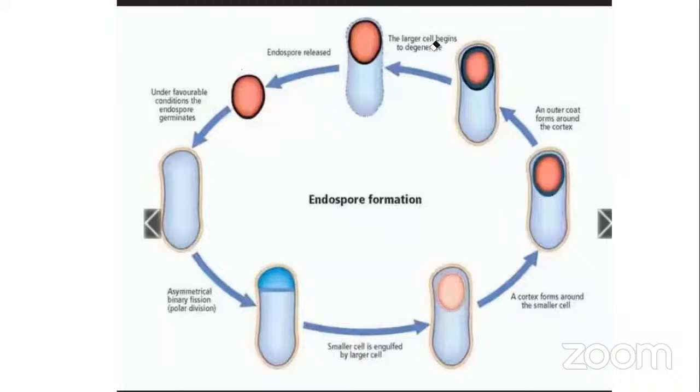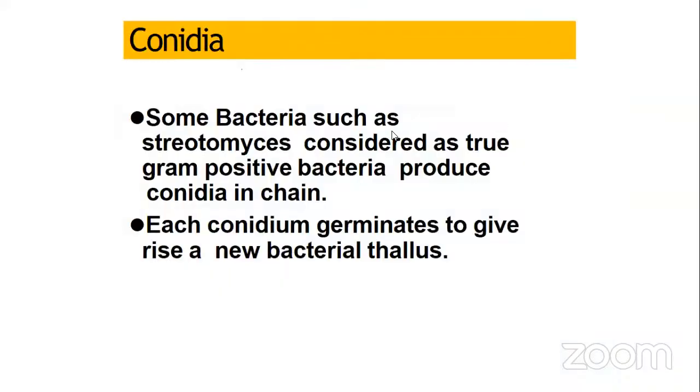Next one. Conidia formation. Another asexual reproduction method is conidia formation. The first one is endospore formation, and the second one is conidia formation.